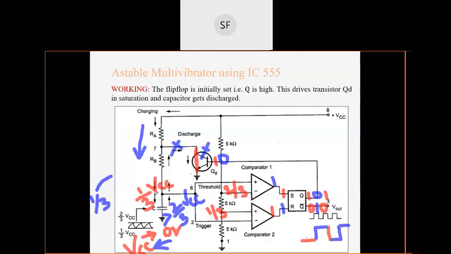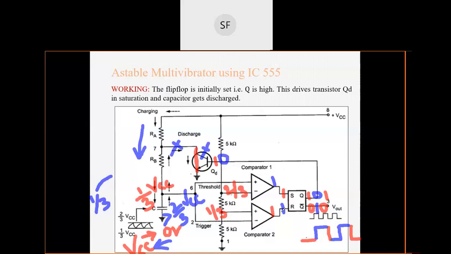And whenever the voltage across this capacitor becomes greater than 2/3 VCC, it returns to the original state, and this will happen continuously. In this way you will get the rectangular wave at the output.